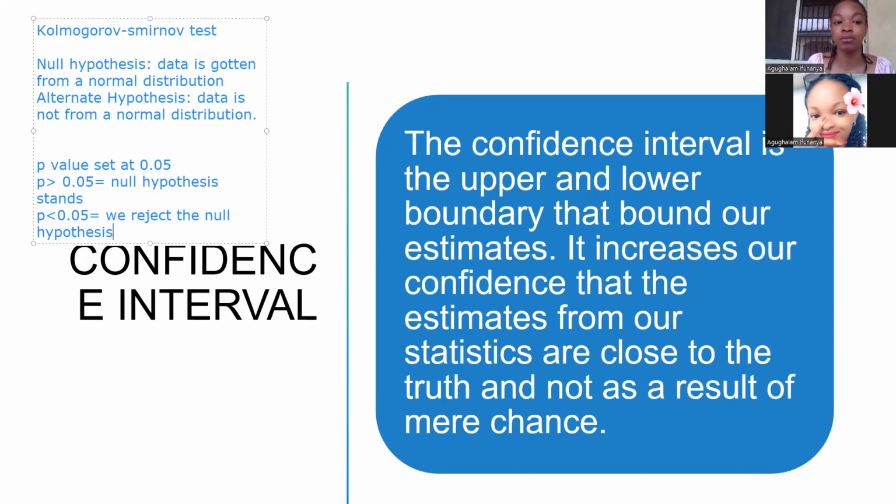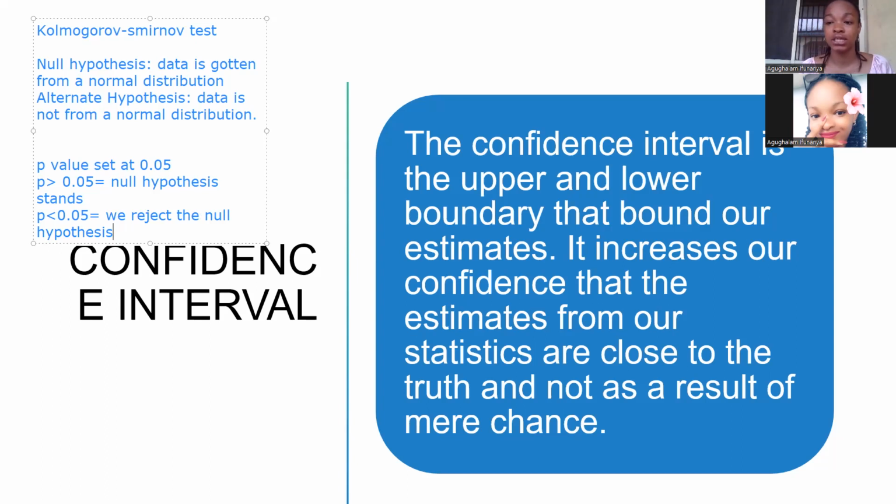We don't say we accept the alternate hypothesis. We are not accepting because it's probability. We are working under the umbrella of chance, giving room for chances, so we cannot accept, we cannot confirm.